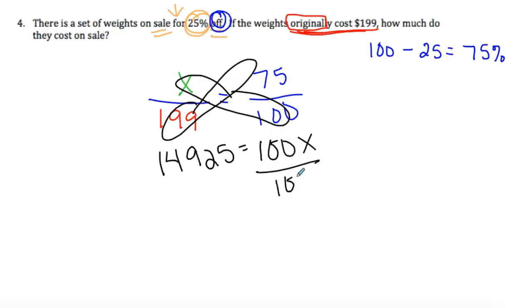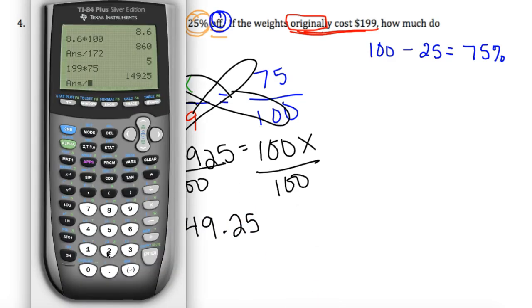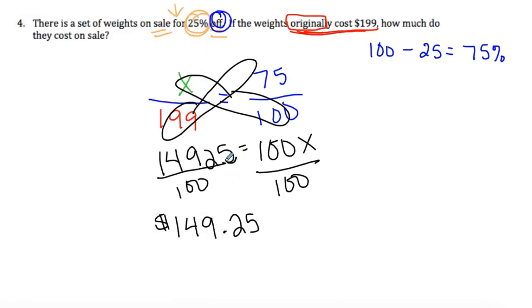If we divide by 100, because that's the number in front of x, I'm going to get $149.25. You can go ahead and divide real quick if you want. I got that by taking my decimal point and moving it 2 to the left, and that's how I knew this was going to be $149.25.